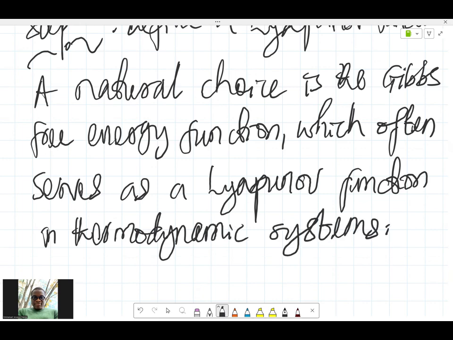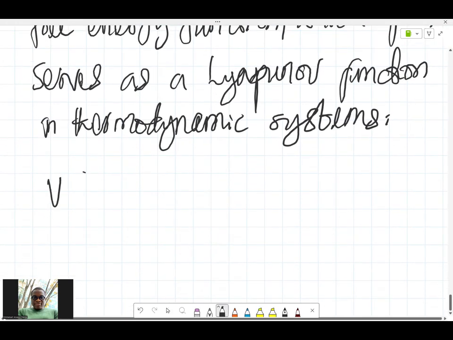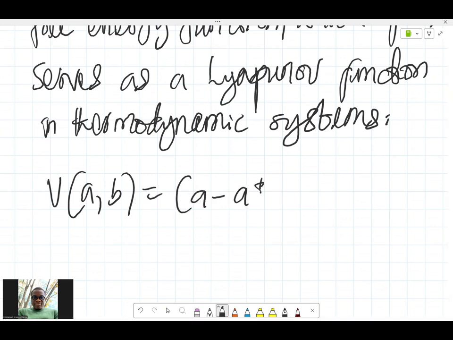So in that case we have V of A, B equals (A minus A star) squared plus (B minus B star) squared. That is the deviation from the critical points.